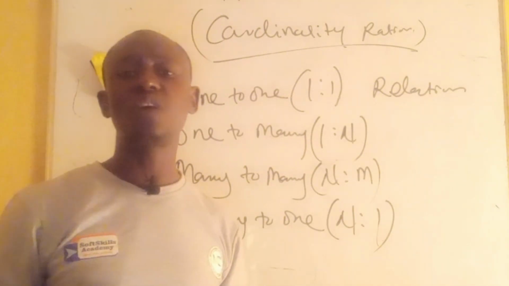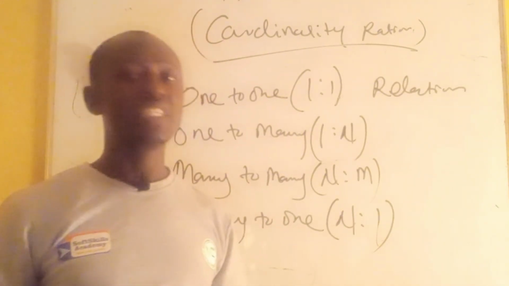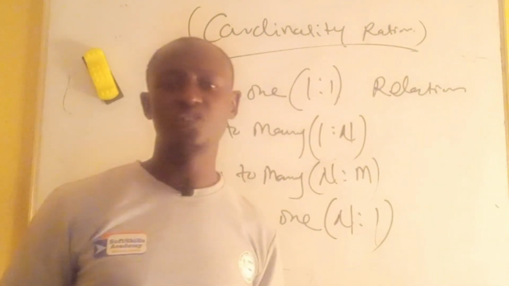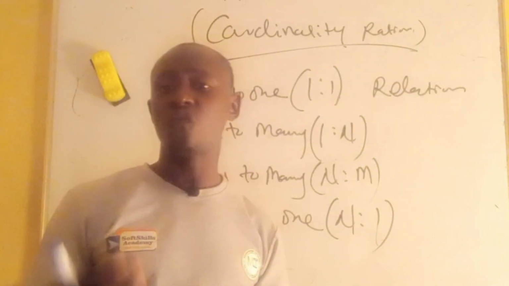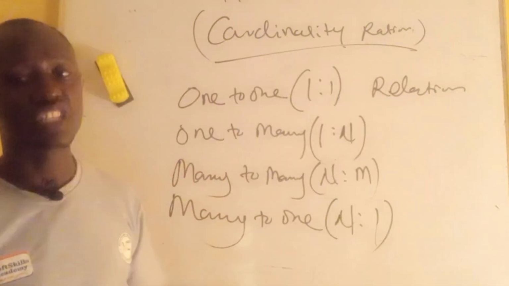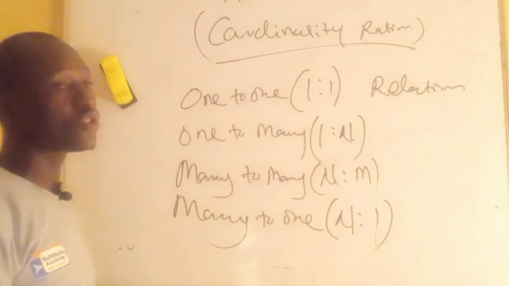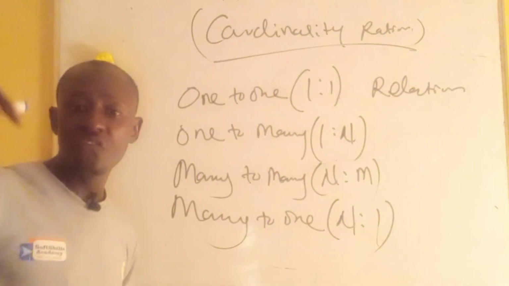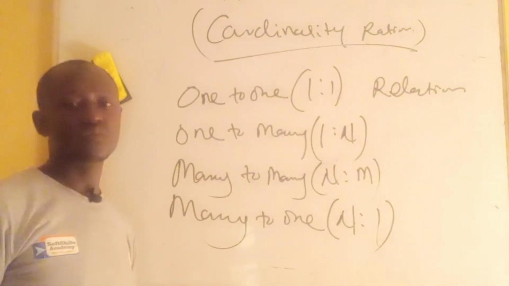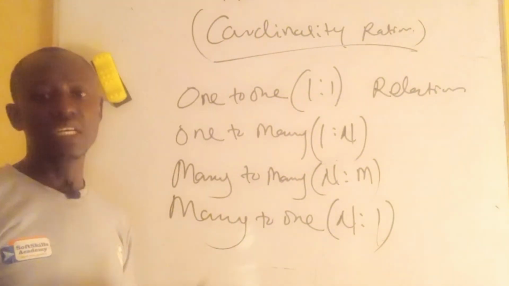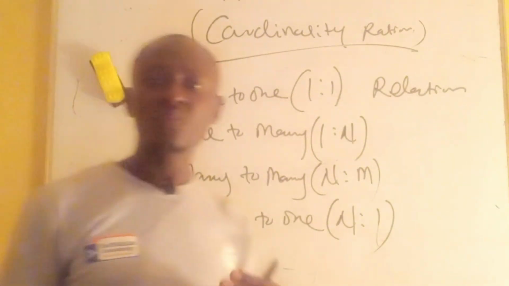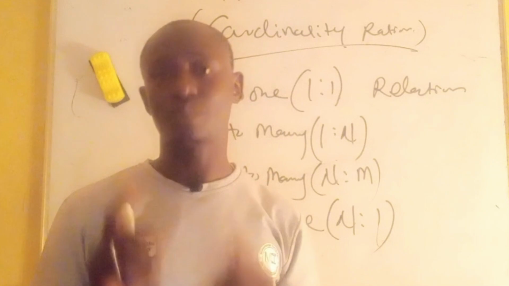When we talk about one-to-one relationship, each instance of one entity set is associated with exactly one instance of the other entity set, or vice versa. Example: a person has exactly one passport.